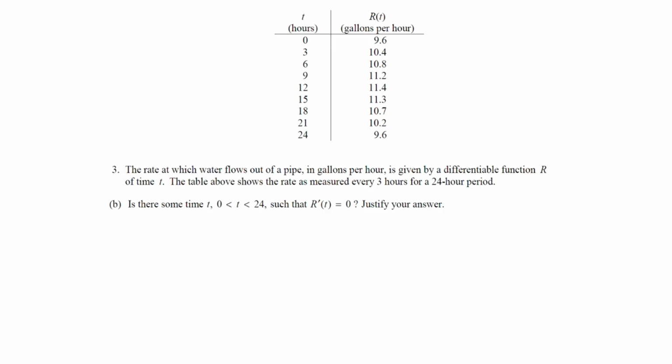In part B, it asks us, is there a time when R prime is equal to 0? And so R prime can equal 0 whenever the average rate of change is equal to 0, as long as the function is continuous and differentiable. If R is differentiable, that guarantees it is continuous.